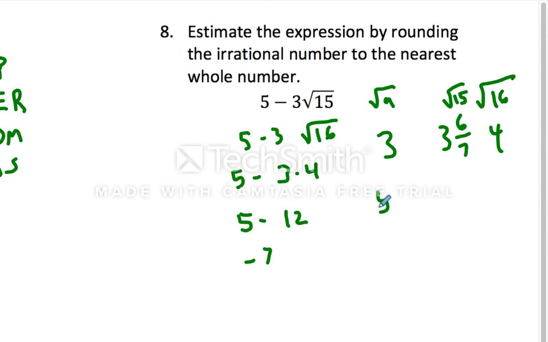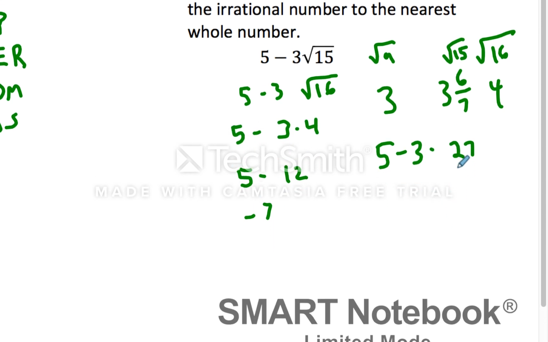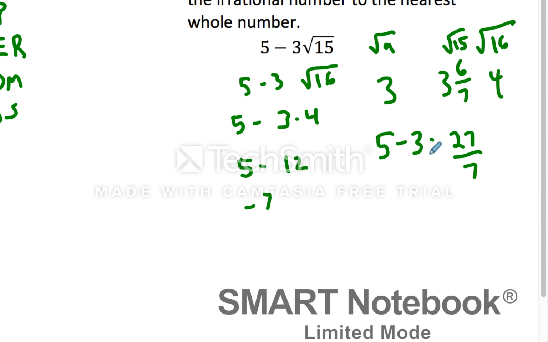So the problem would be 5 minus 3, and I'm just generating that from the original problem, times 3 times 7 is 21, plus 6 is 27. So 27 sevenths. And if you multiply that out, 3 over 1 times 27 over 7. Well, 3 times 27, let's see, 3 times 30 is 90, so this will be 81.